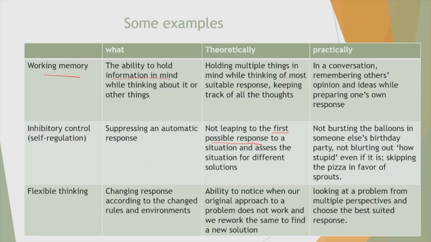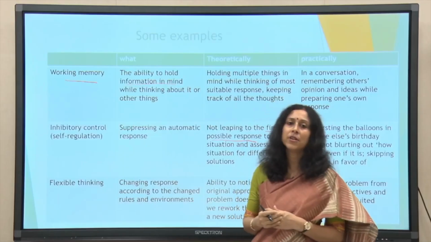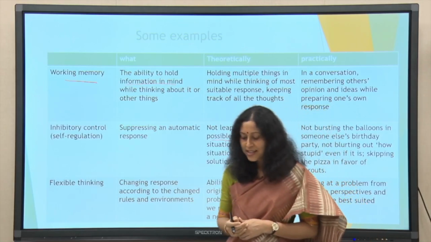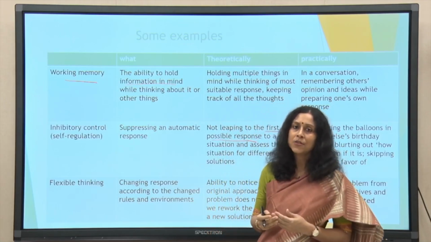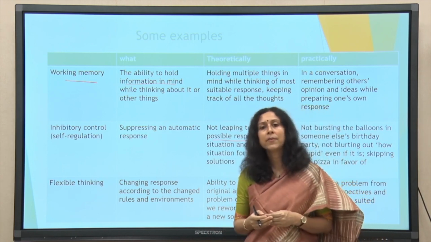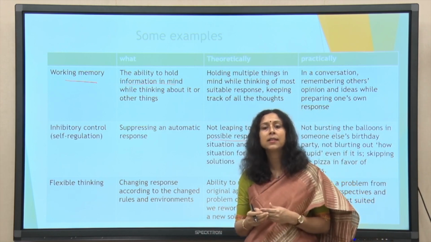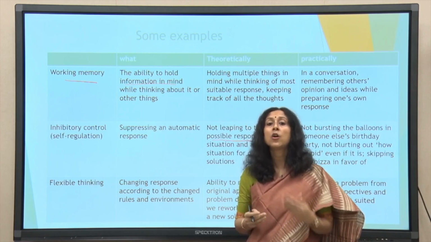For example, not bursting the balloons at somebody else's party, not blowing out the candle on somebody else's birthday cake, and not blurting out how stupid the situation or the person is, even when you know it is, but you have to control yourself not to blurt it out. Skipping the pizza in favor of the sprouts is basically in keeping with your long term goal.